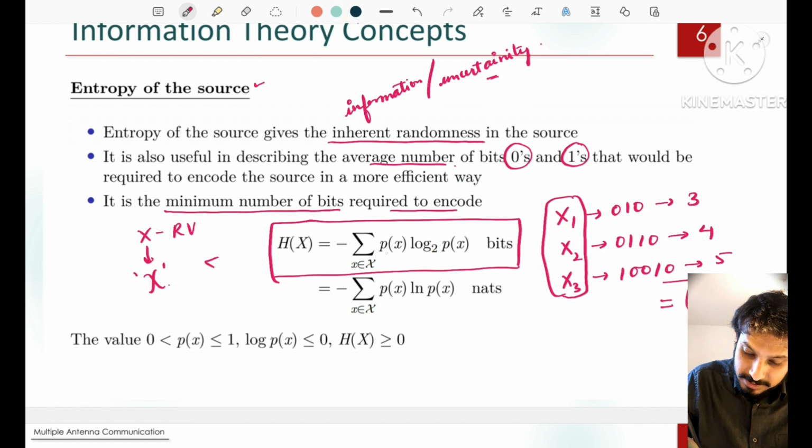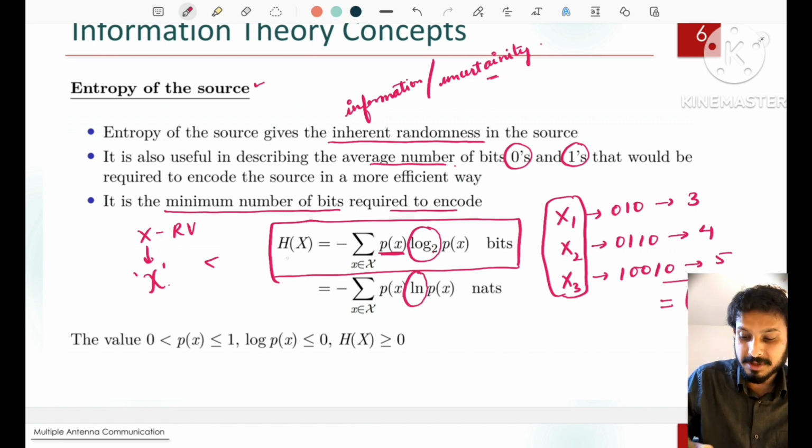Here p of x is the distribution of X. Since we are talking about discrete random variables, p of x is the probability mass function, times log 2 p of x. Now we can take either log 2 or natural log. If we consider log 2, entropy is represented in bits, and if we consider natural log, then entropy is in nats.